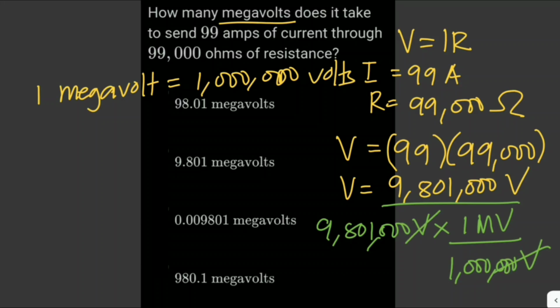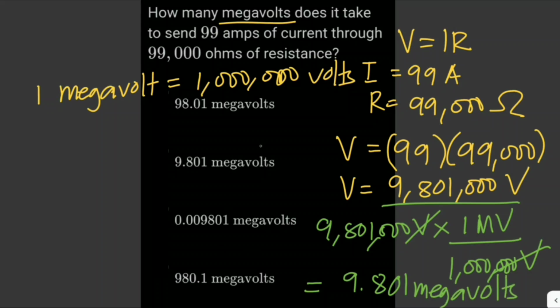So the volts unit cancels out, and we are left with megavolts. We divide 9,801,000 by 1 million, and this would give us an answer that is equivalent to 9.801 megavolts.